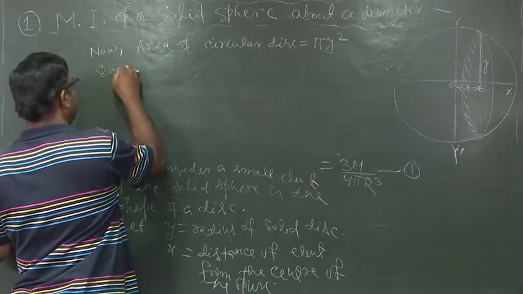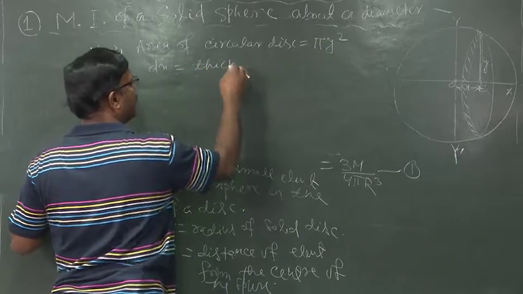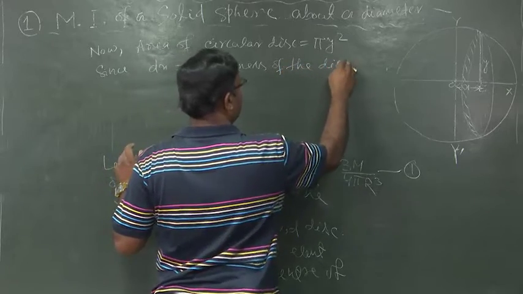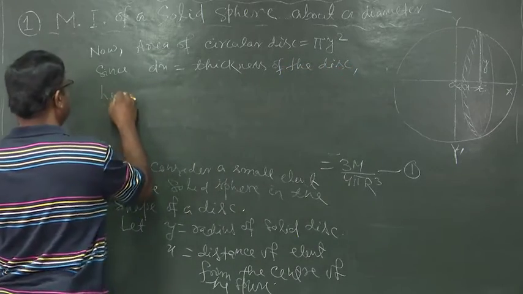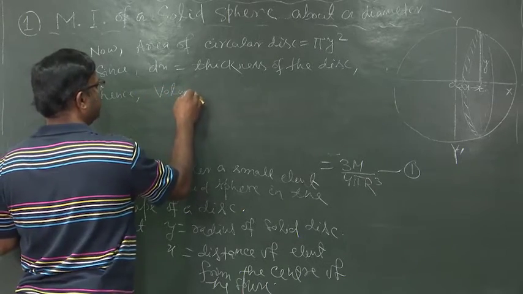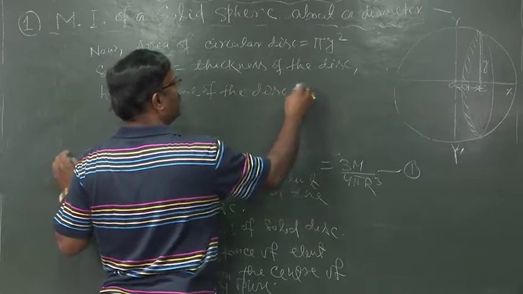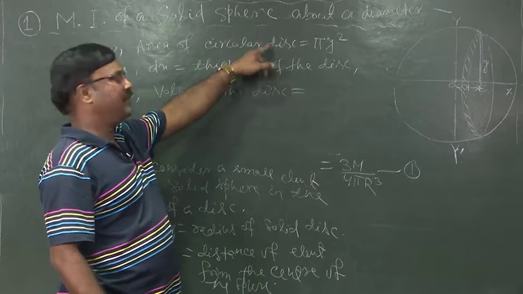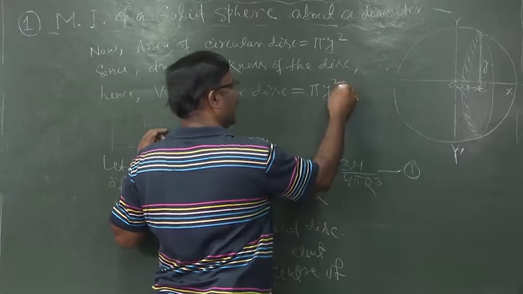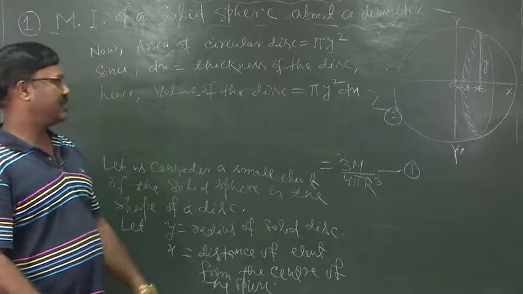Since dx is the thickness of the disc, the volume of the disc is equal to the area of the disc multiplied by its thickness, that is pi y square dx. Let it be equation 2.